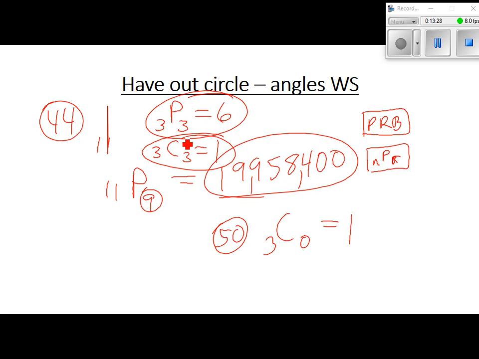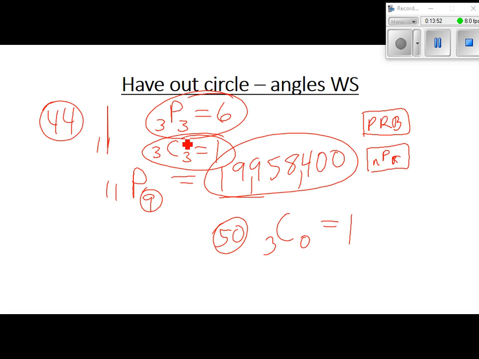This told us there's 6 different ways we can situate them on the shelf. Combination says, I've got these 3 books. How many different ways can I pick all 3 of them? 1 way. If I pick all 3, I pick all 3. It doesn't matter if I pick this one first or this one first, I'm still picking all 3. So that's a combination.